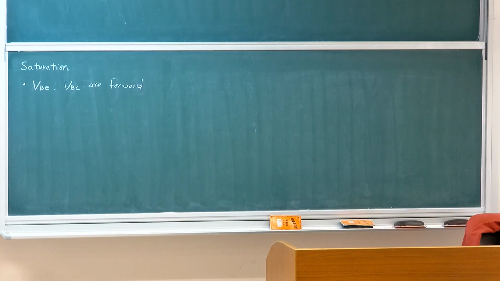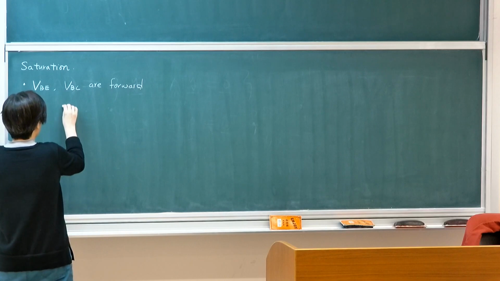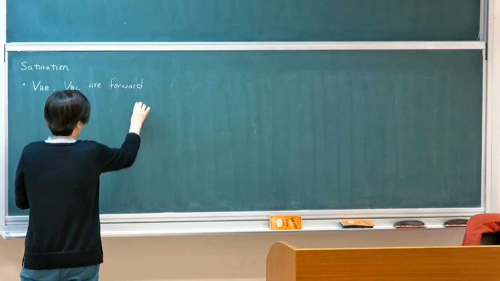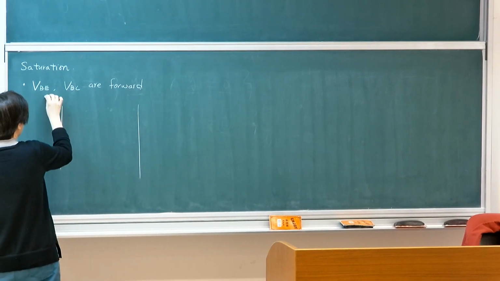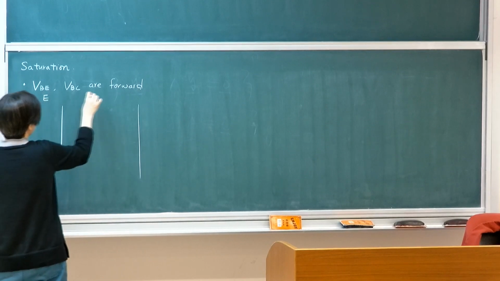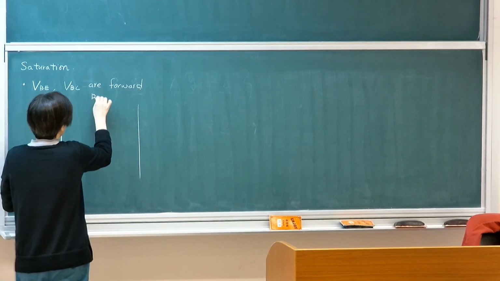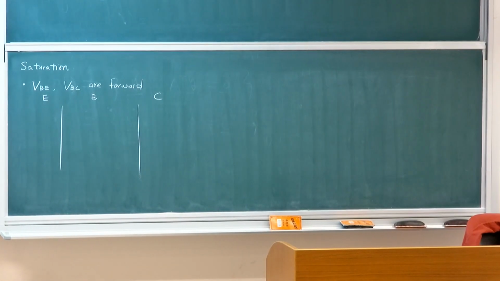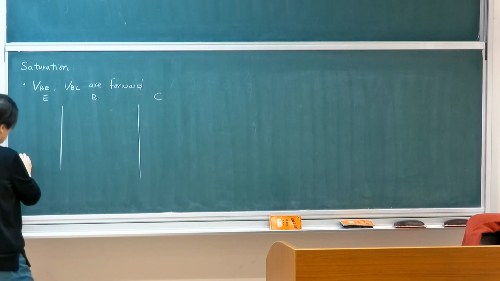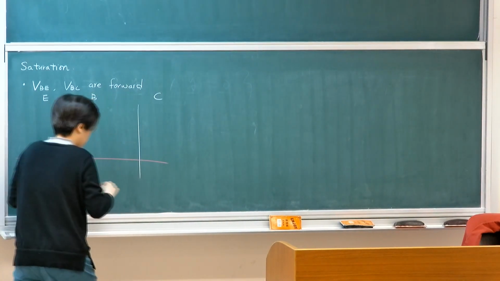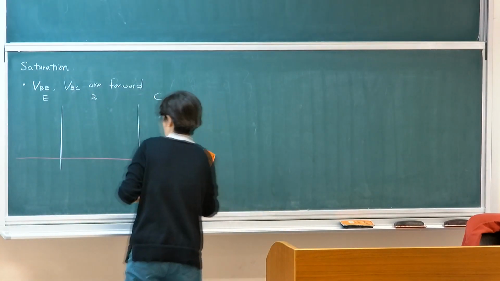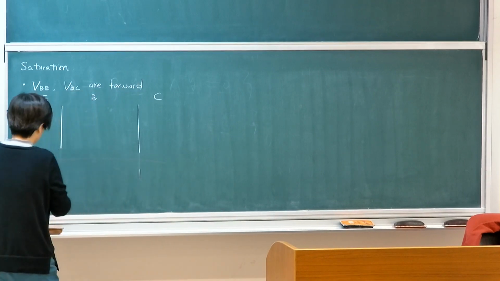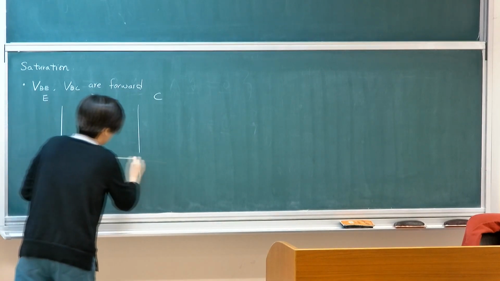So simply what happens, if you look at this plot, I'm going to draw the plot. Let's say this is the emitter, base, collector junction. I'm just going to draw the junctions, and I'm going to use the red.